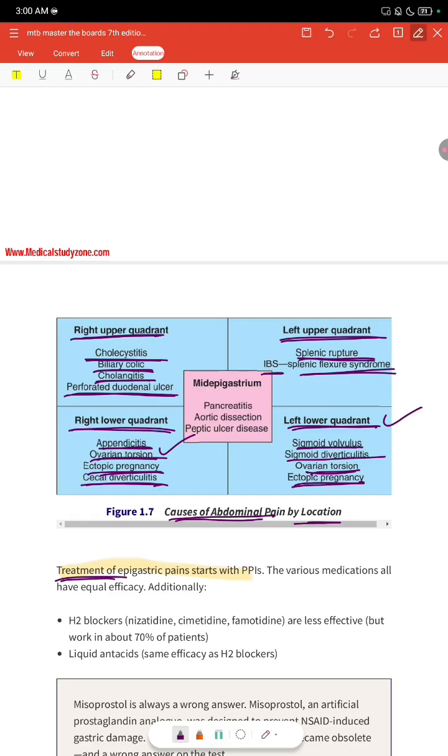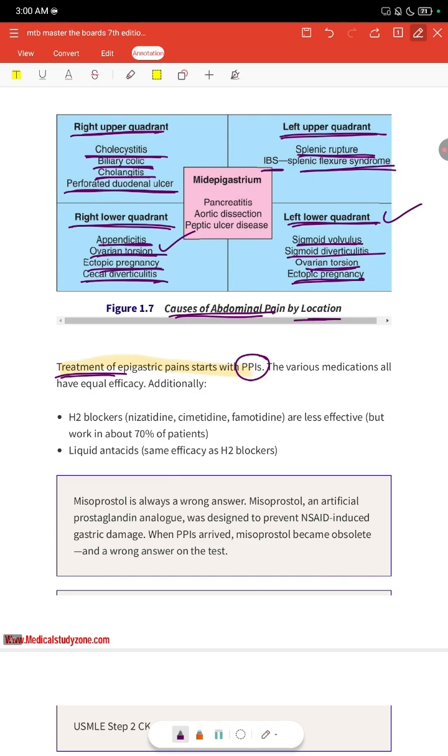Treatment of epigastric pain starts with PPIs. The various medications all have equal efficacy. Additionally, H2 blockers and liquid antacids. So H2 blockers like nizatidine, cimetidine, famotidine are less effective but work in about 70% of patients.